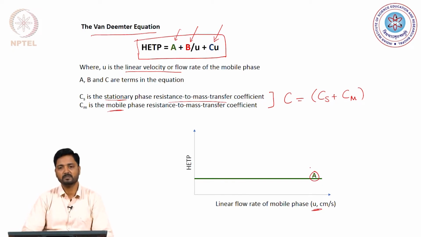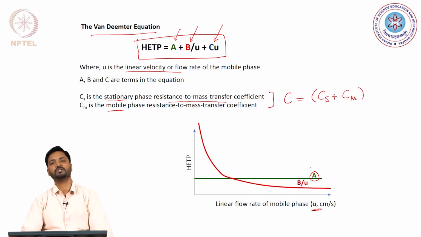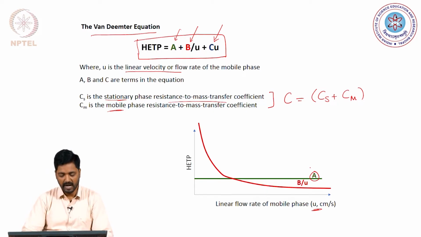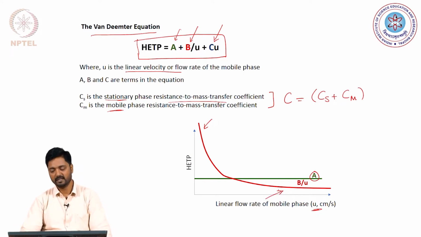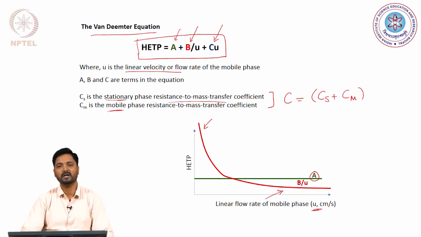So, the A term remains constant at all flow rates of the mobile phase. When we consider the second term B, this follows a unique profile which is shown here: at small flow rates the value of this term is very high, and as the flow rate increases this value undergoes significant reduction and is negligible at very high flow rates.